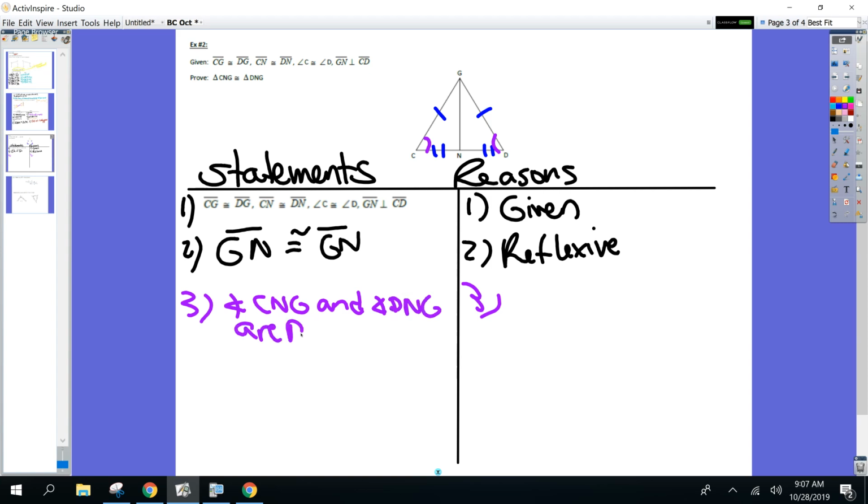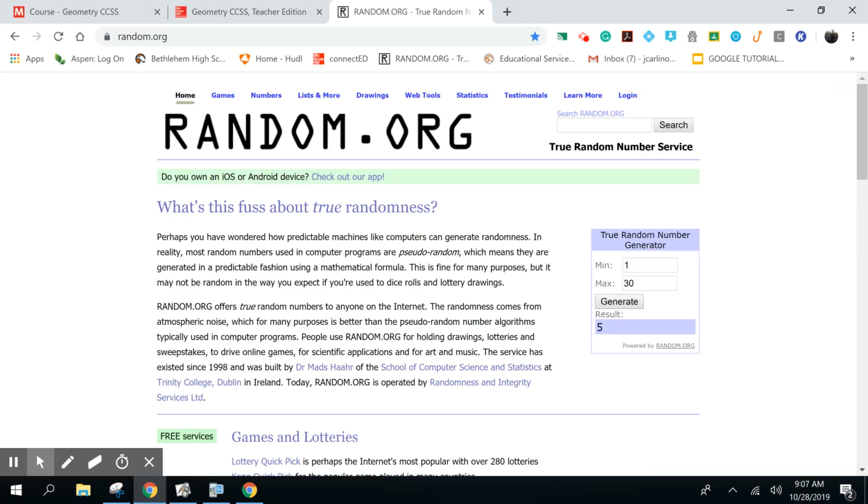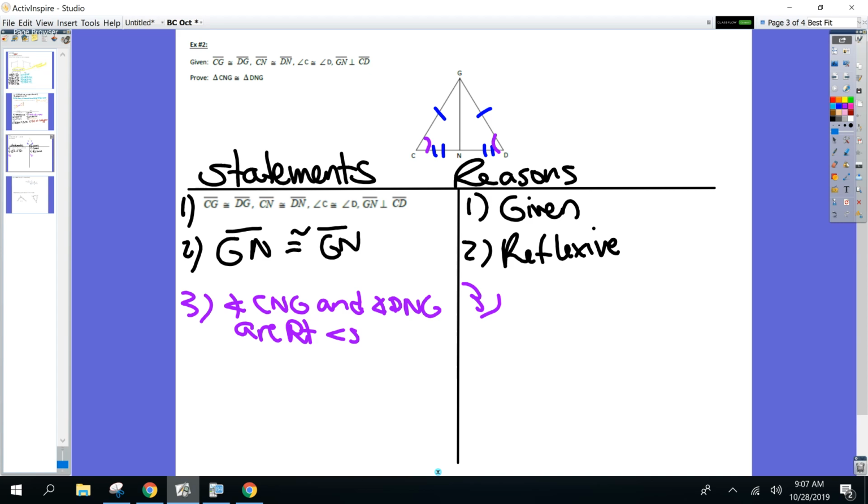Please tell me they are right angles before telling me they are congruent. And we have had this reason multiple times in the past, why two angles are right angles. I'll accept a couple different reasons. Got a reason for me? Yep, perpendicular lines form right angles. I've seen some of you write definition of perpendicular lines.